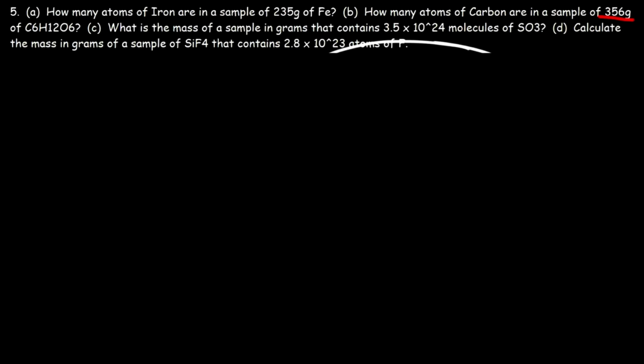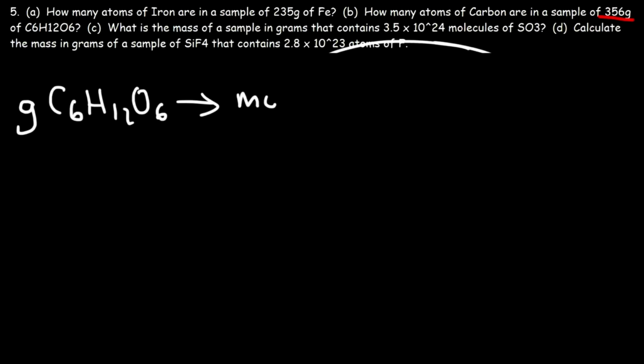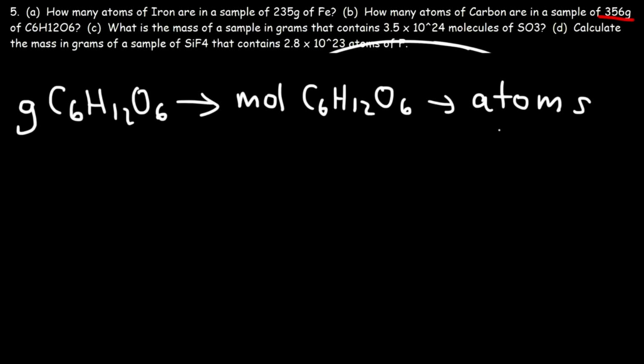So let's begin. First, let's write out a map of what we need to do, or an outline. We're going to start with the grams of C6H12O6. Then, using the molar mass, we're going to convert it to moles. Once we have the moles, we could convert it to the molecules of glucose.